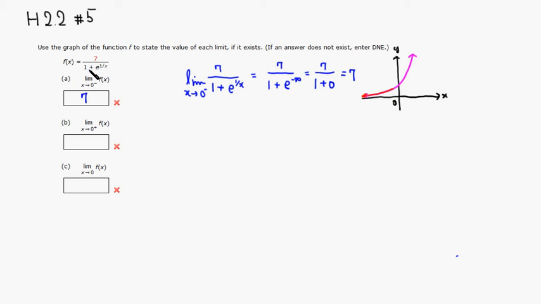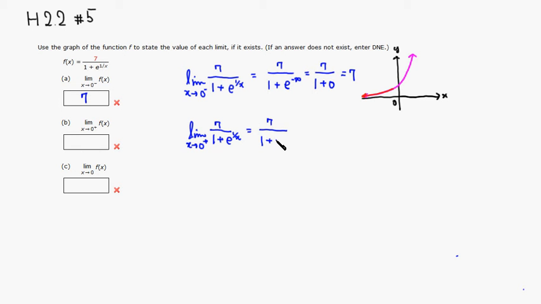Now the only difference between this one and part B is that now x is approaching 0 from the right-hand side. So if you want to take the limit of 7 over 1 plus e to the 1 over x as x approaches 0 from the right-hand side, 7 is still 7, 1 still 1.